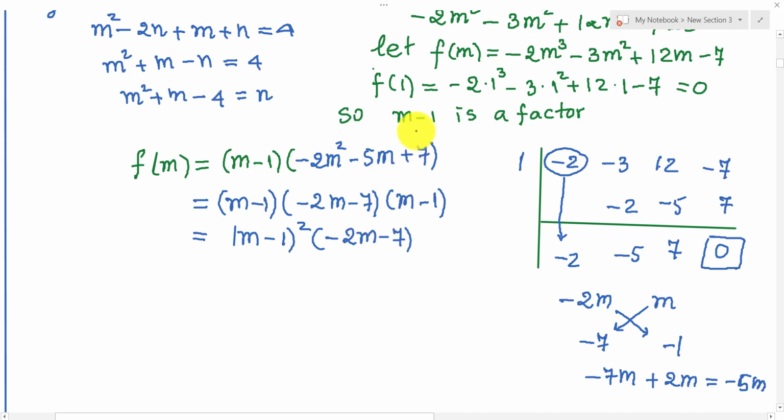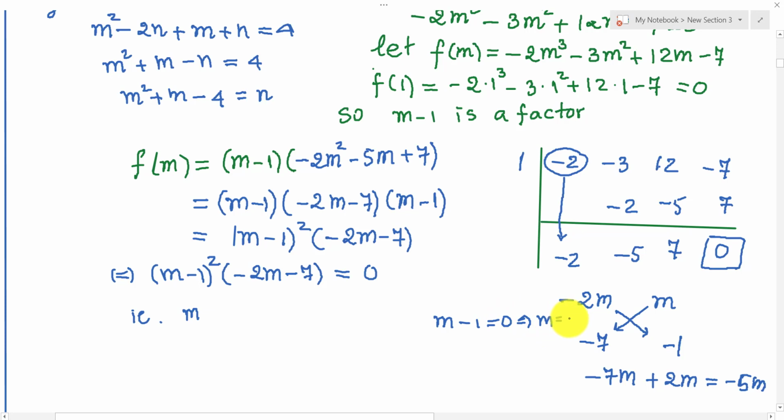Okay, but if f(m) is equal to 0, so I get m minus 1 square factors minus 2m minus 7 equals 0. Okay, so if this, m minus 1 equals 0, we get m equal 1.